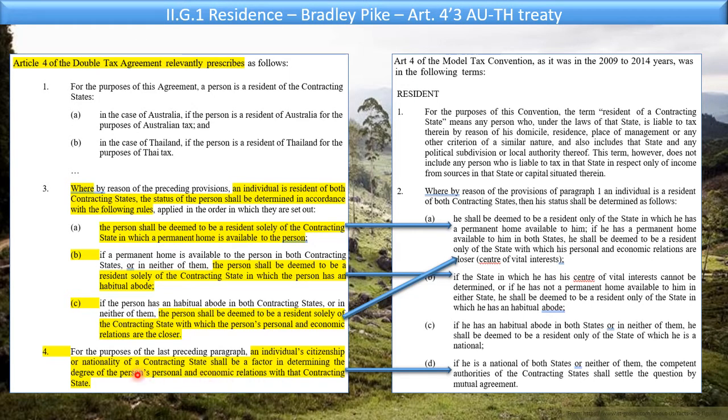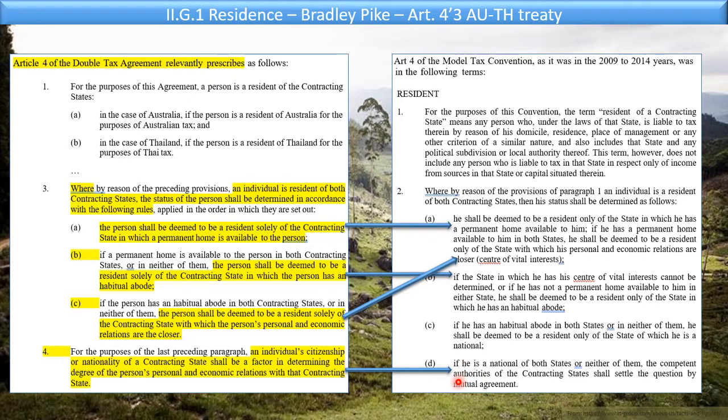So it only belongs to paragraph 3C; 4 relates to 3C. And in the OECD, of course, it's the fourth test, or the fifth test, and there are two in A, where you say if he has an habitual abode in both or neither states, then he shall be a resident only of the state of which he is a national. Sorry, that's the fourth test, because the fifth is mutual agreement.